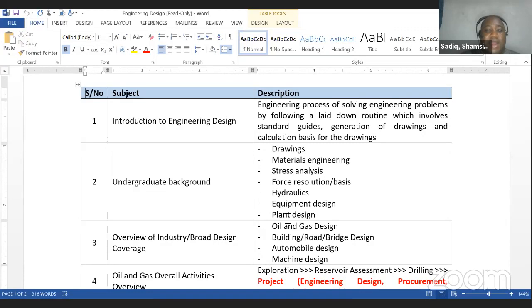Having understood that, there are some common subjects you do in university that, for somebody who wants to pick up an interest in engineering design, should drive your interest.